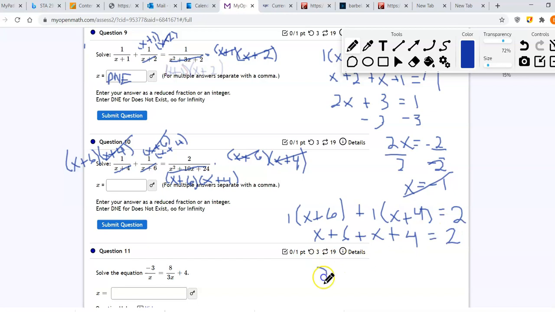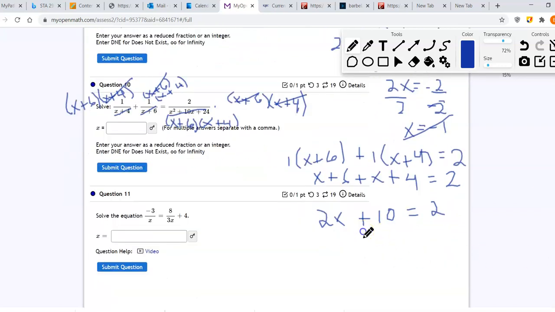Add your like terms, that's 2x plus 10 equal 2. Let's move our 10. And we'll get 2x equals negative 8. And divide out, and we're going to get negative 4.